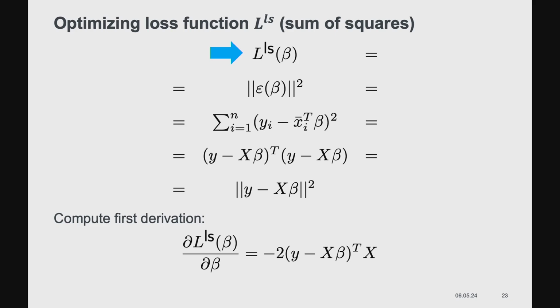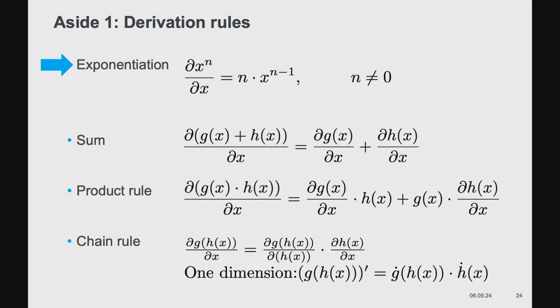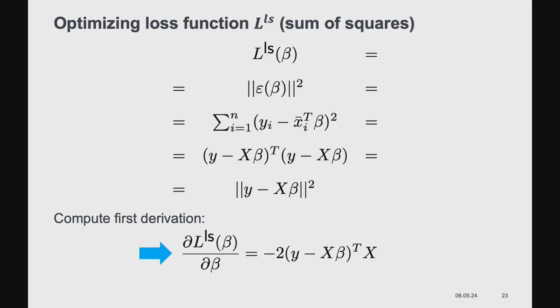So the derivative with respect to this vector beta is exactly this formula. You see, we didn't really care much about the fact that beta is a vector; we could just write it very easily in this way. That's cool, because now we have the derivative of our loss function, and what we can do is set this to 0.